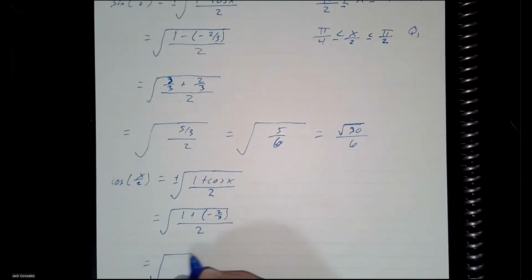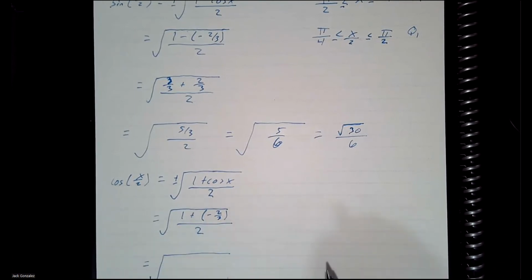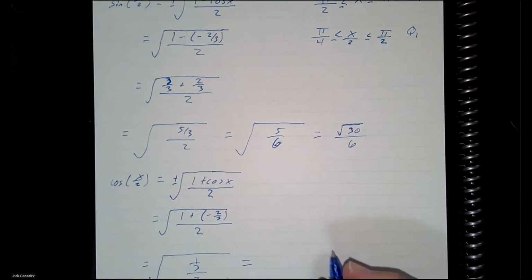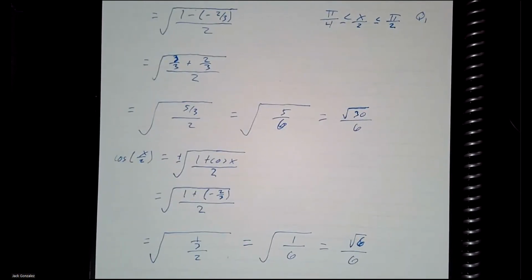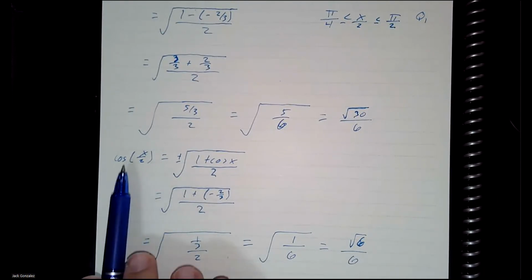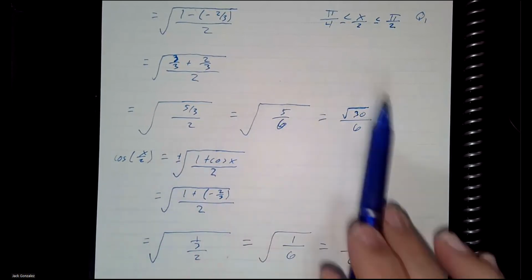This will be 1 minus 2/3, which is 1/3, so that'll be 1/3 over 2, which will be 1/6, which is square root 6 over 6 once you rationalize. And that's it. We got the half angle for cosine and sine right here.